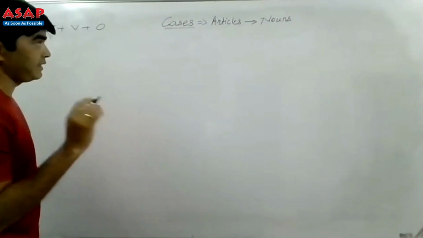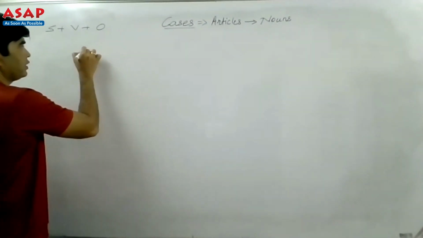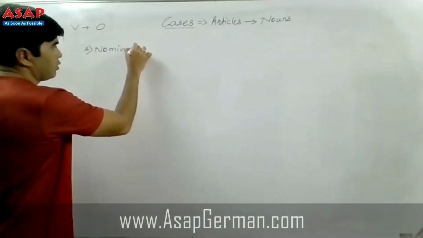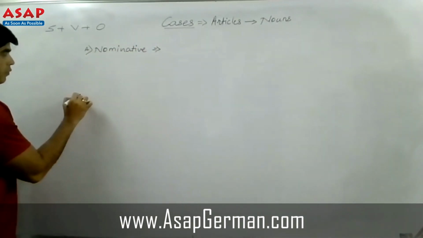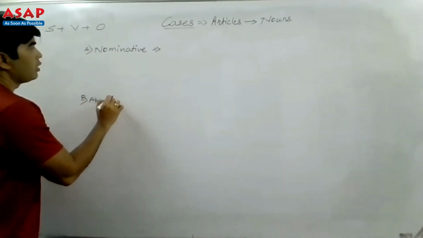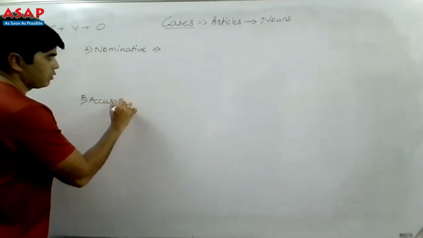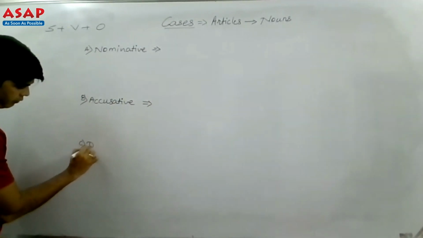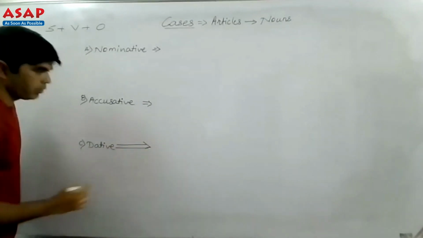Let's see how the basic articles are first. There are 3 cases. First is nominative, then accusative, then dative.